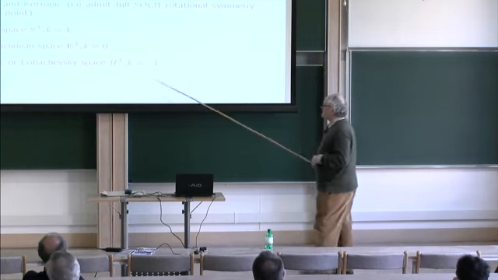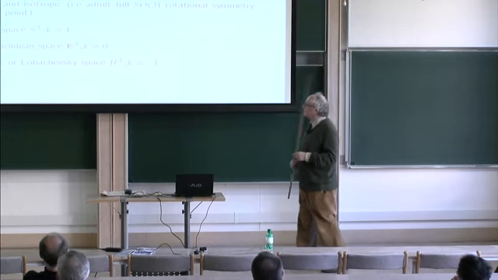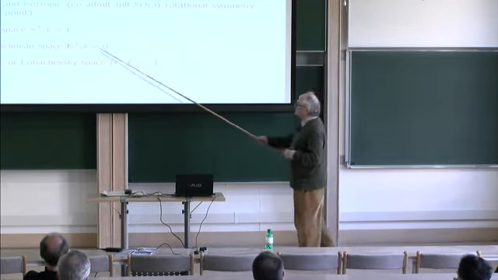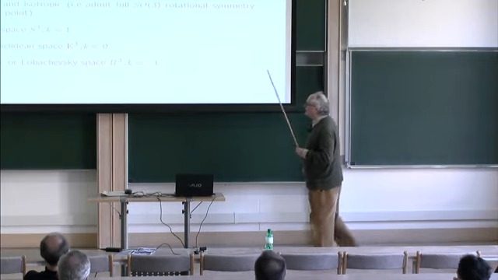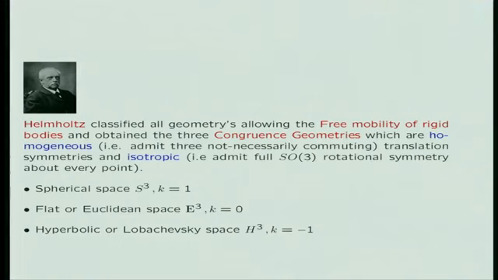And you basically come up with these three possibilities. Flat space, which we've been familiar with for many millennia, and then Lobachevsky space, which has negative curvature, and spherical space, which has positive curvature. Perhaps spherical space is the easiest to appreciate because instead of having a sphere which you can embed in 3 dimensions, you just imagine embedding a sphere in 4 dimensions, and then the surface of that sphere would give you your spherical space.